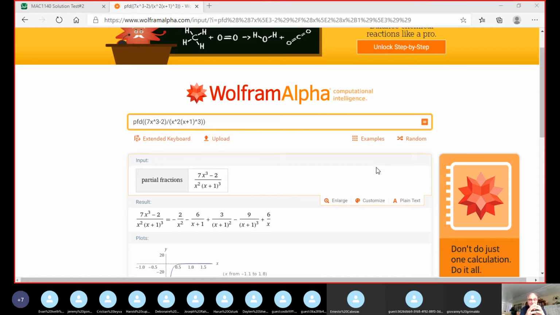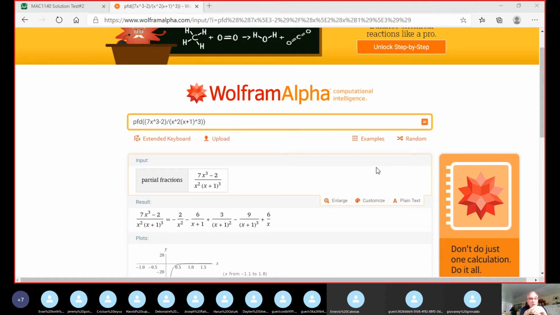Inside it you copy our horrible expression. I recommend you enclose the top polynomial in parentheses: open another parenthesis, copy 7x^3 minus 2, close the parenthesis, done.